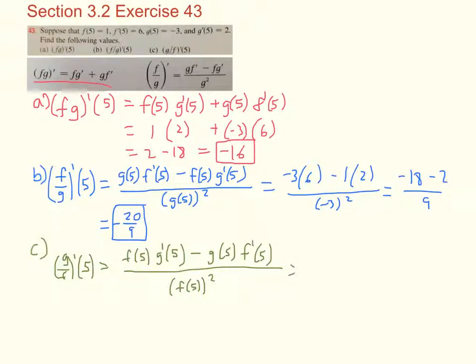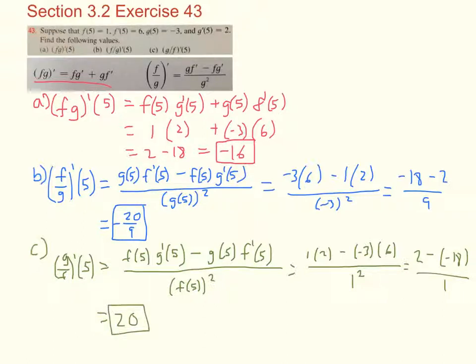So again we substitute in our numbers. 1 times g prime at 5, which is 2, minus g of 5, which is negative 3, times f prime at 5, which is 6. On the bottom we have f of 5 is equal to 1, so 1 squared. Now we multiply everything out. 1 times 2 is 2, minus negative 3 times 6 is negative 18, over 1. So when we subtract a negative, it's the same as adding a positive, we get 20 divided by 1, which is just 20.